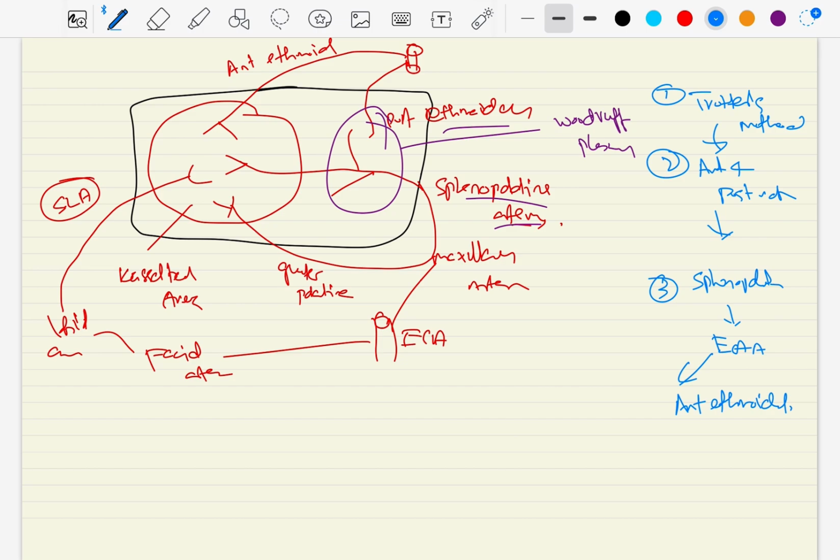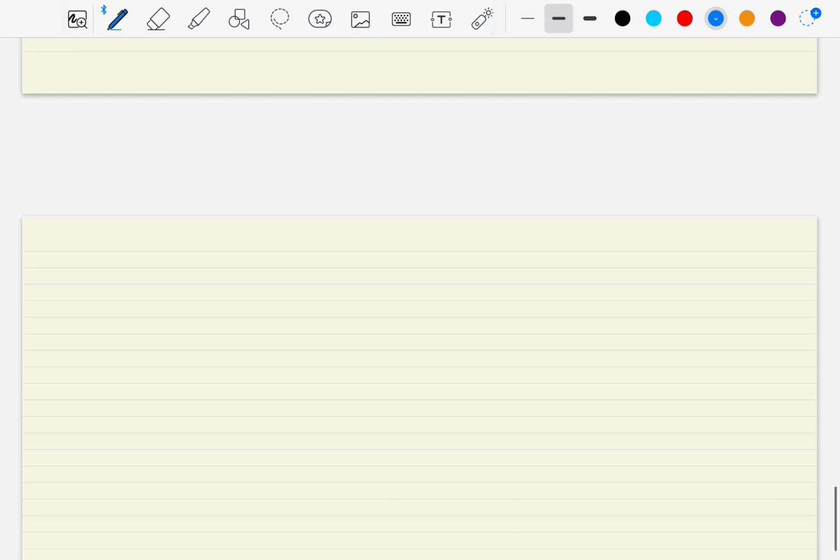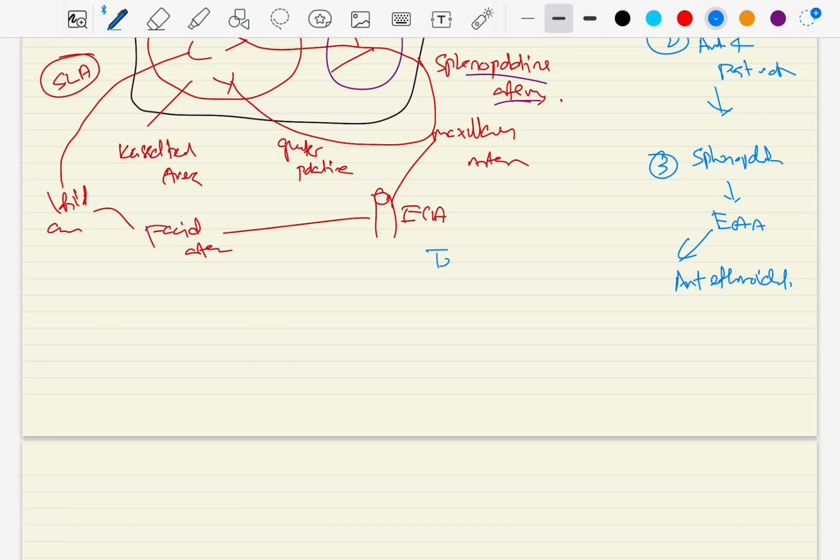Then you should know about the two important temporal bone fractures: the longitudinal fracture and the perpendicular fracture.